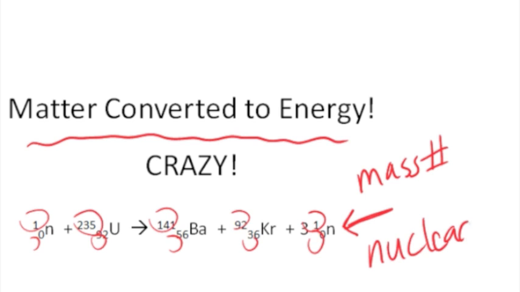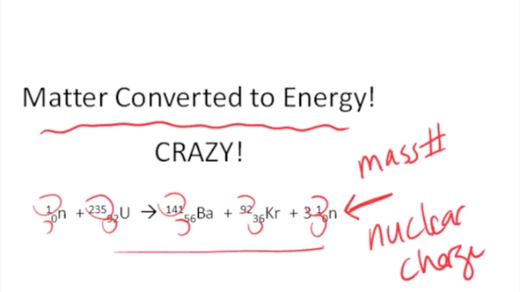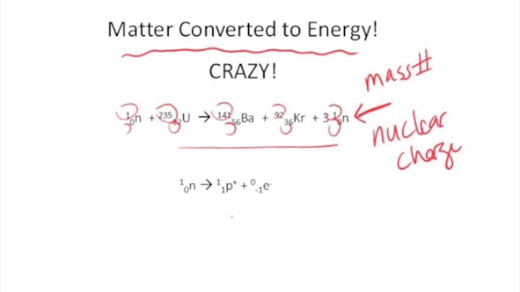So nuclear charge and mass number are conserved. But when you take a closer look at the mass of all of the nuclides and the particles, nucleons, the particles within the nuclides, you can see that there is a difference between the left-hand side and the right-hand side of these equations. This one's pretty complicated, so let's look at a simpler example so I can prove this point to you.